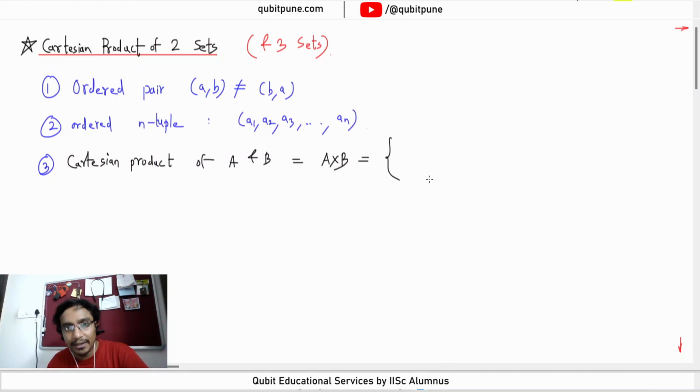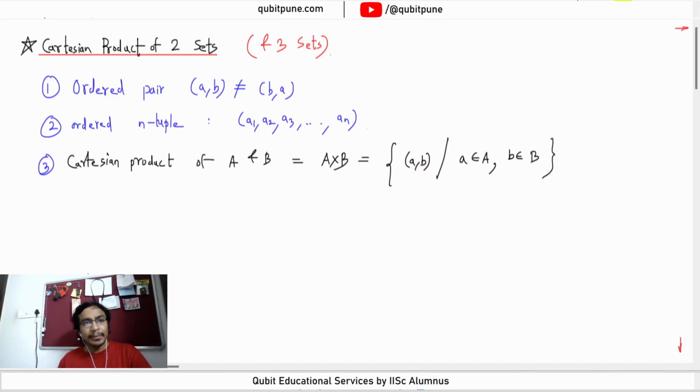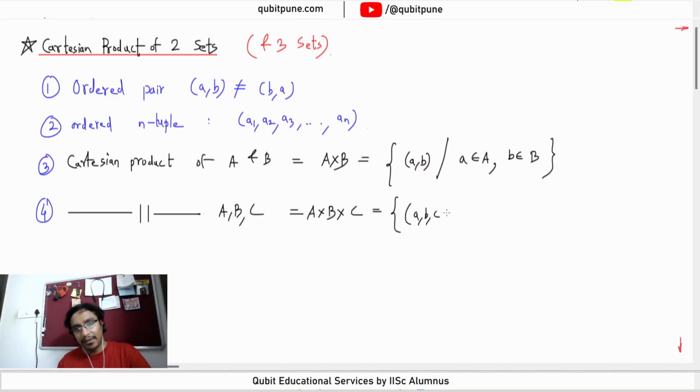It is the collection of ordered pairs A comma B such that A belongs to set A and B belongs to set B. Similarly, can you tell me the Cartesian product of three sets? It will be A cross B cross C, the set of ordered triples A, B, C such that A comes from A, B comes from B and C comes from C.